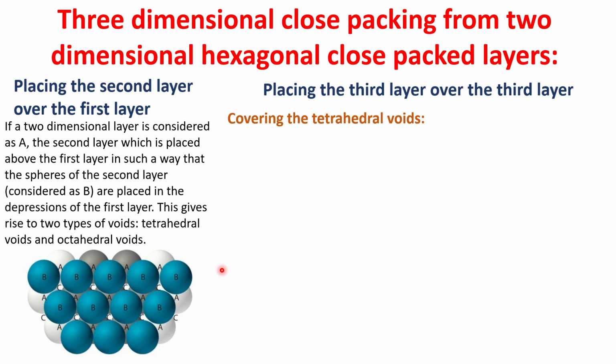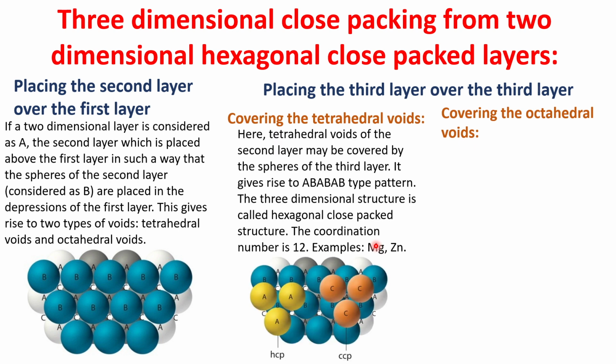If the third layer is present covering the tetrahedral voids, then the tetrahedral voids of the second layer may be covered by the sphere of the third layer. That means it gives rise to an ABAB pattern.